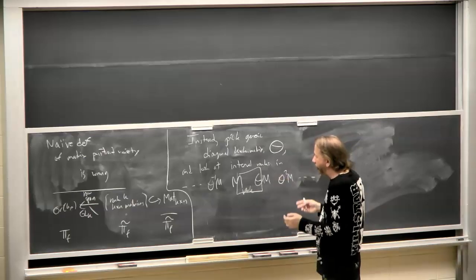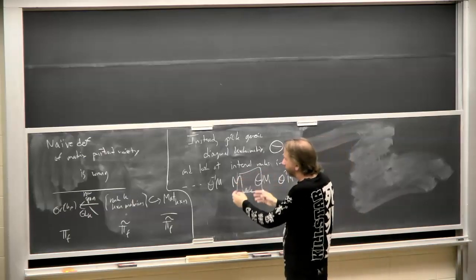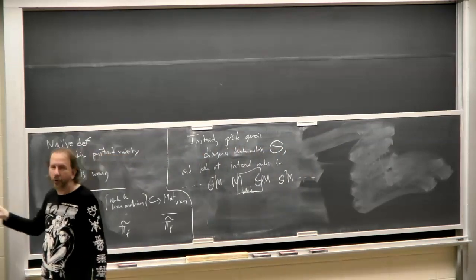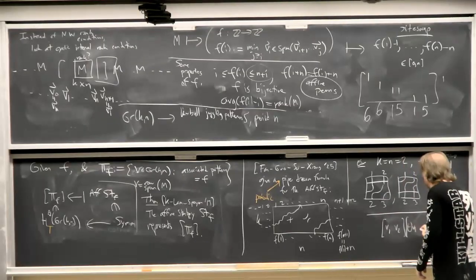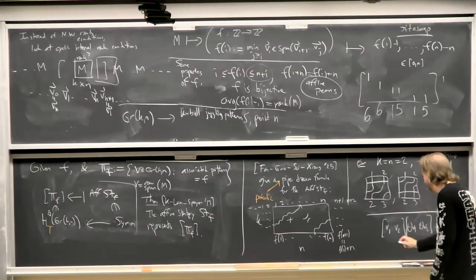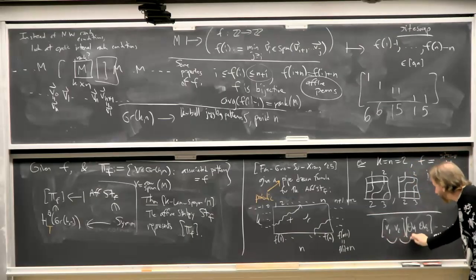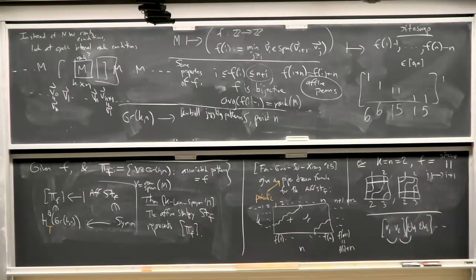But it's no longer true, in particular in this example, now that I'm going to have V1 and V2, and then copied over theta V1, theta V2, and so on. This dependency condition is not the same as this dependency condition. So in fact, what's happening in this example, if theta is generic, for V1 to be linearly independent with theta V1, and theta was generic diagonal, the 2 diagonal entries are different.